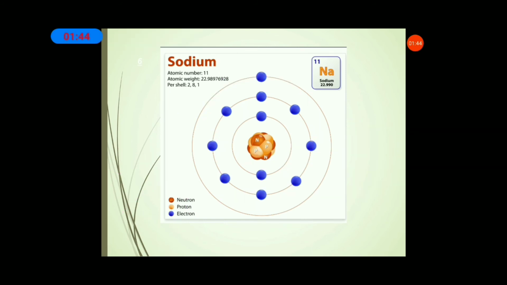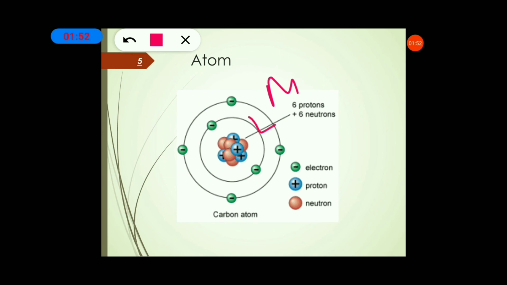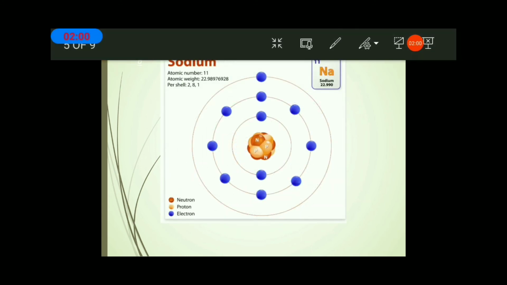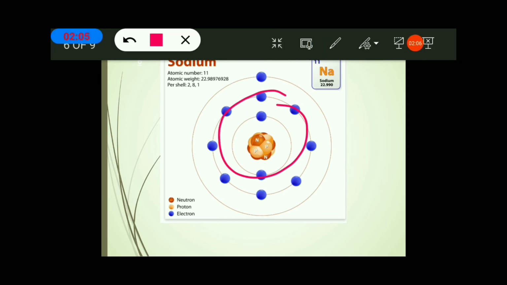In general, consider the shell before the outermost shell. The outermost shell here is M. Before M, the L shell is there. So first the L shell should be filled completely. What is the capacity of the L shell? 8 electrons. So in the case of sodium, first the L shell will be filled completely to hold 8 electrons. Then only will electrons move into the next shell, which is called the valence shell or outermost shell.